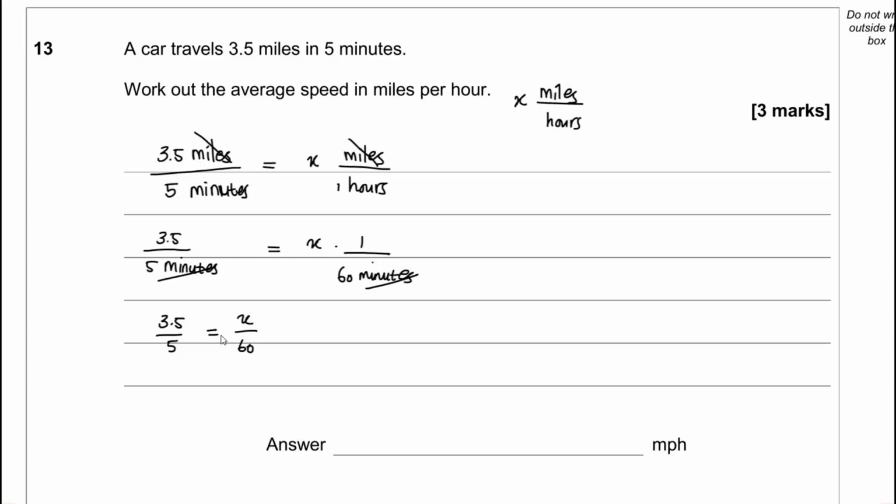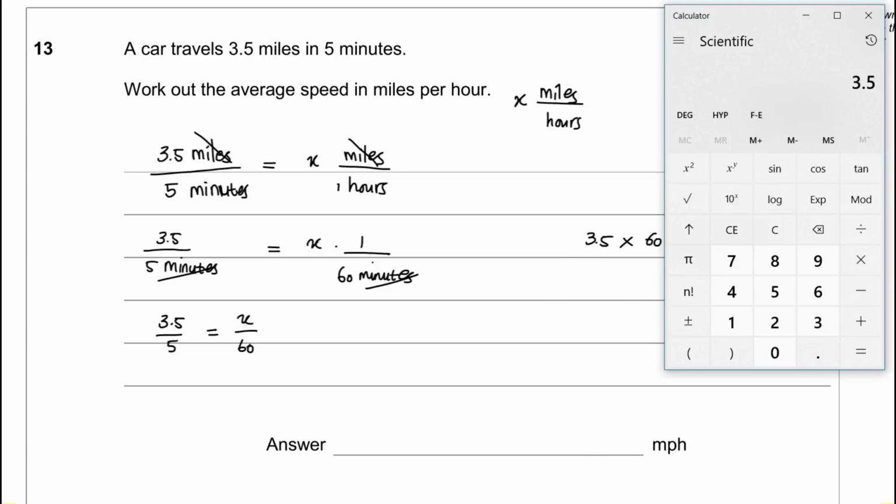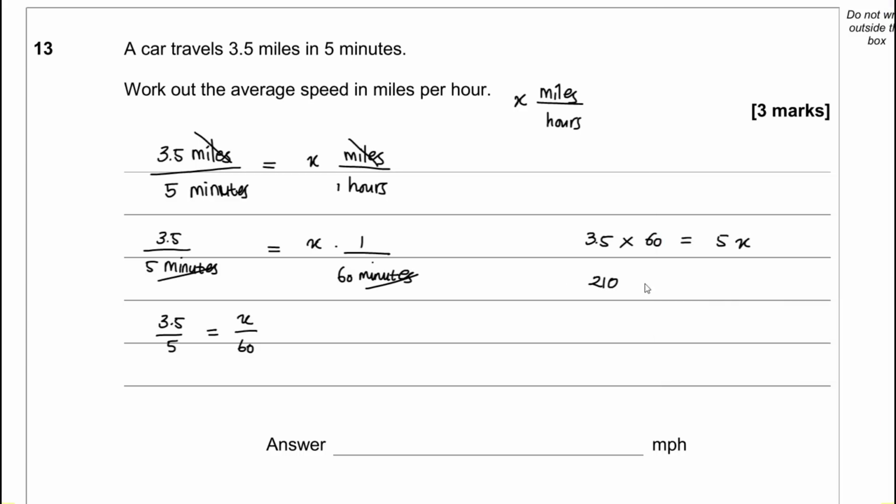Now we just need to cross multiply them. 3.5 times 60 on one side, and the other side is 5x. Now 3.5 times 60 is 210, equal to 5x. So x is just 210 divided by 5. It is 42 miles per hour.